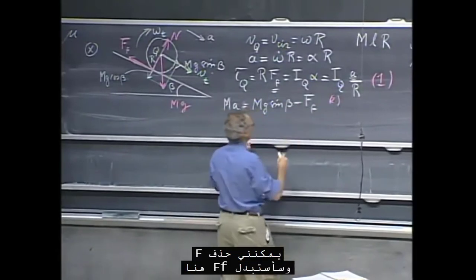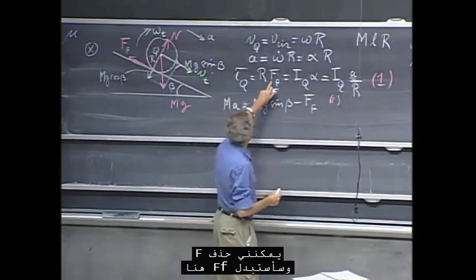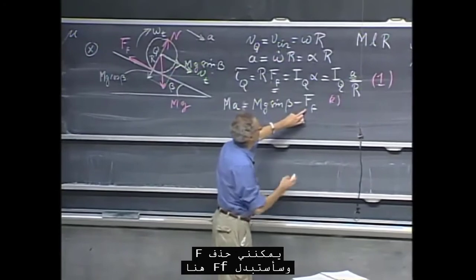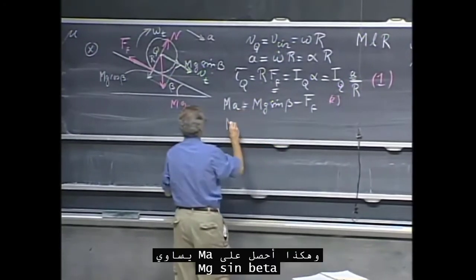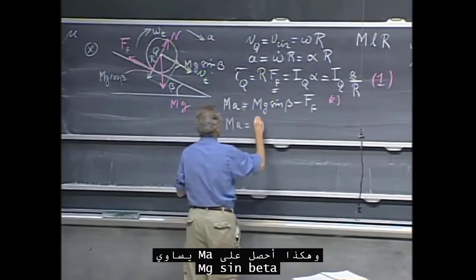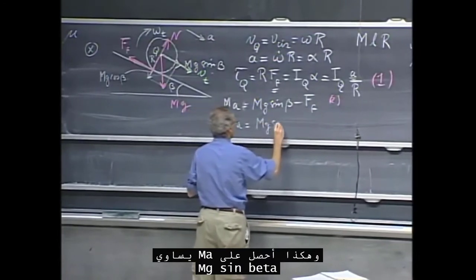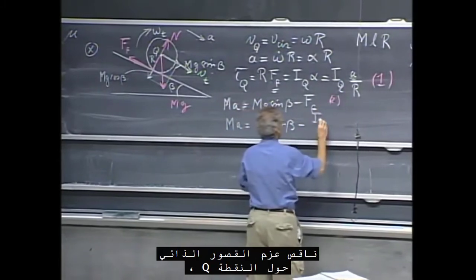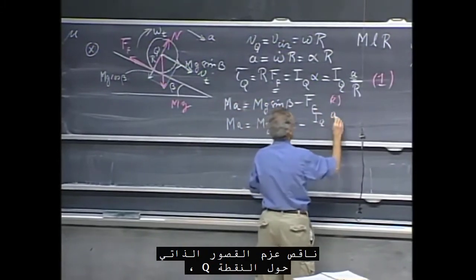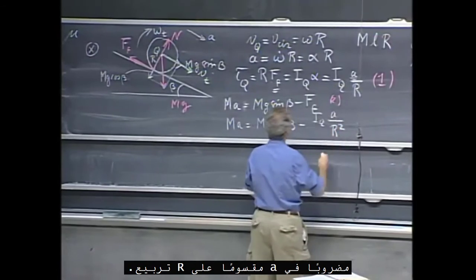I can eliminate ff, and I will substitute for ff in here this quantity divided by r. And so I get ma equals mg sine beta minus moment of inertia about point Q times A divided by R squared.